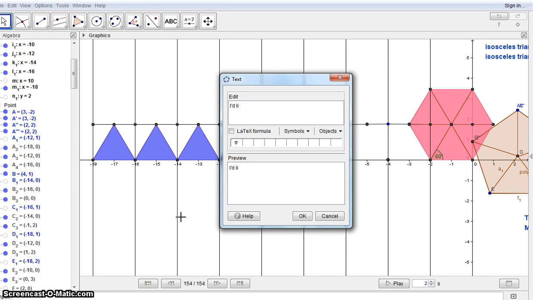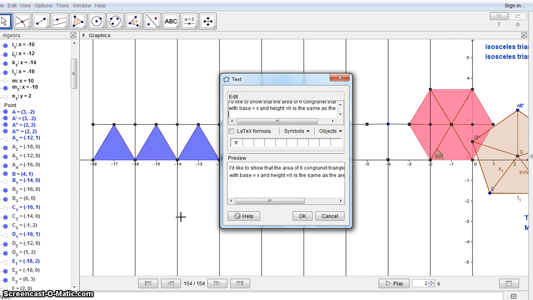I'd like to show that the area of 6 congruent triangles with base of x, let's say, and height of h is the same as the area of one triangle that has a base equal to 6x and a height equal to h.